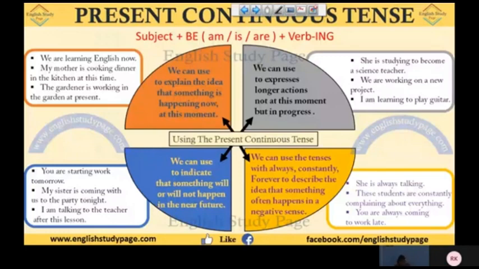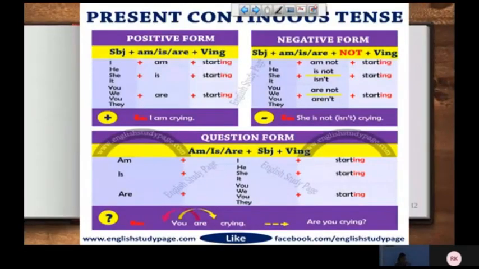Here now we can see the present continuous tense, where it says positive form there. We have the subject, and for the subject there we've used pronouns. It shows how they relate to the pronouns, the form of be that occurs with each pronoun. So if we're using the first person, that's I, the form of be that's going to exist there is am.